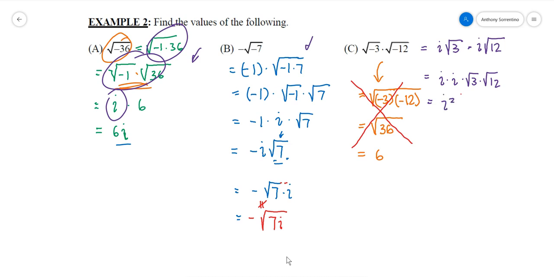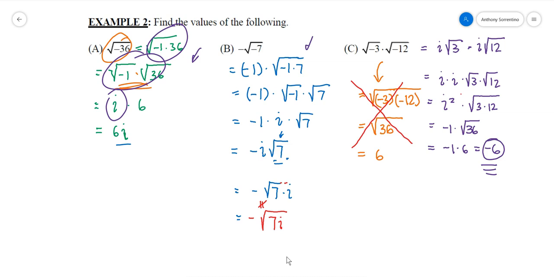The square root of 3 times the square root of 12, being regular square roots, I can multiply those together now because that's a characteristic that works in the real number system. It's been established in a real number system. We've already established it doesn't work in a complex number system. i squared is -1. 3 times 12 is 36, and the square root of 36 is 6. I'm going to have negative 1 times 6, which gives us the negative 6 that the calculator had pointed out was, in fact, the right answer.